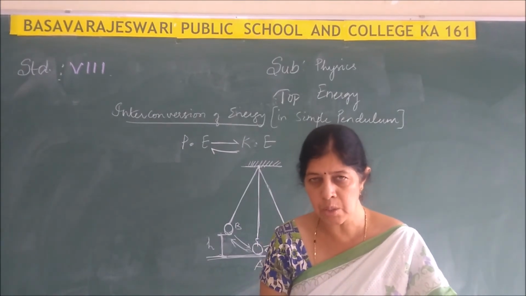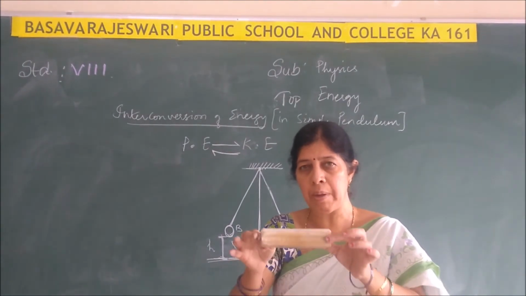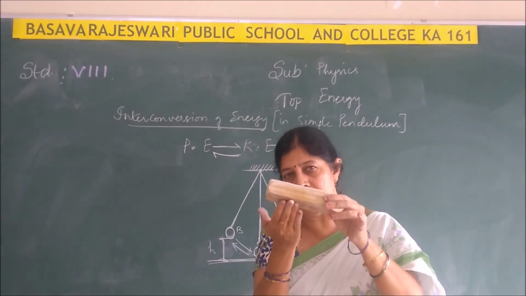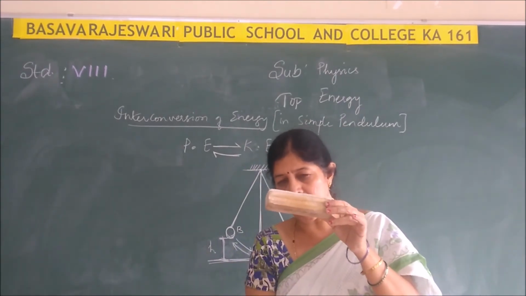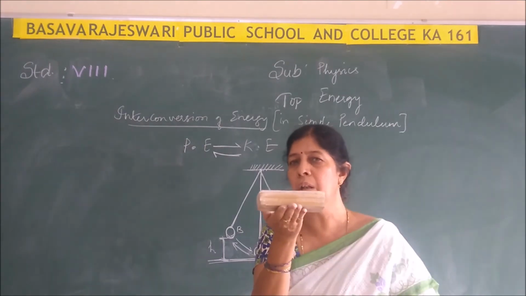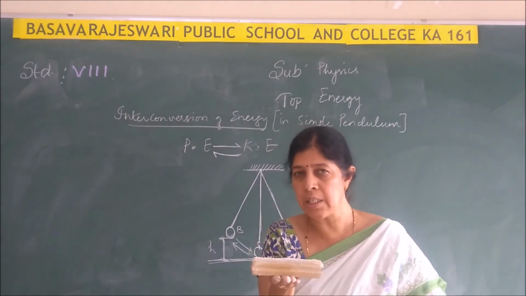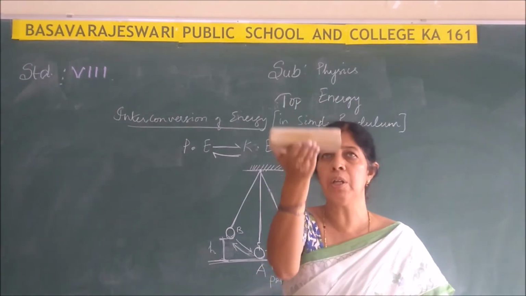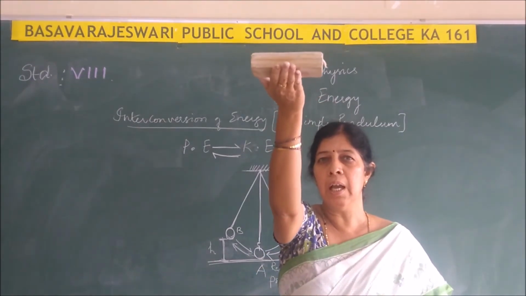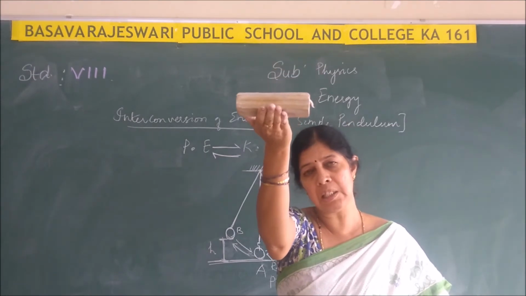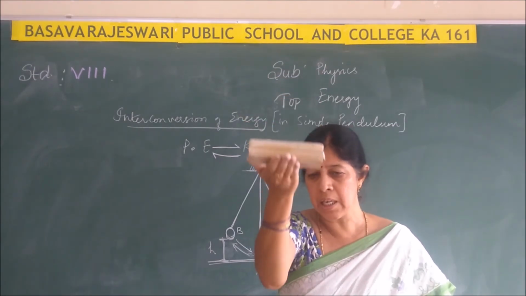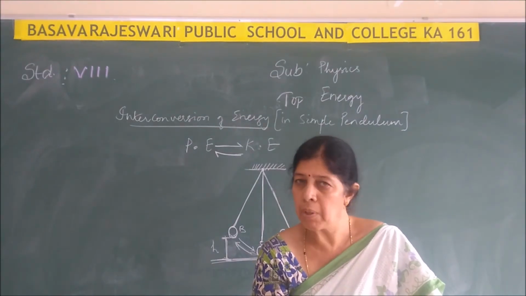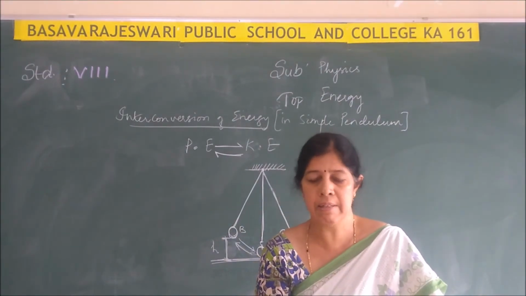As the body is taken to a certain height, see here I am increasing the height of the body. As the height is increased, then what happens? The potential energy of the body also will increase. At this height, the body will have certain potential energy. If I take the body to a greater height, then again its potential energy changes and it will be increased. If I lower the body, of course it will have potential energy, but the potential energy will decrease.